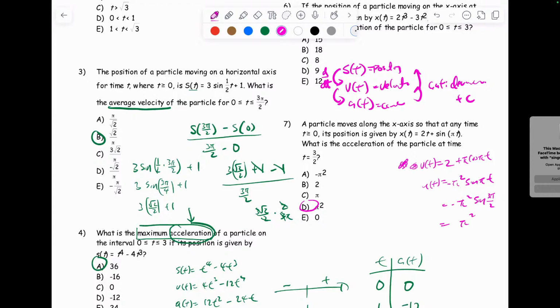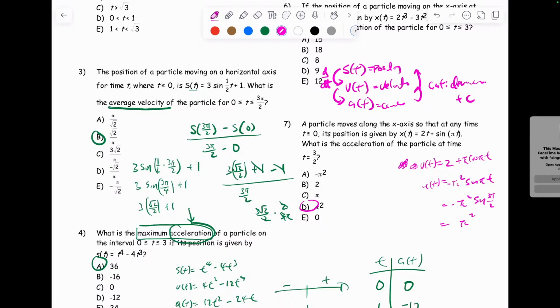Wait, Mr. Yan, how'd you get pi squared per second? Because sine of 3 pi over 2 is negative 1. Negative 1 times negative pi squared is equal to positive pi squared. How'd you take the derivative? Chain rule.